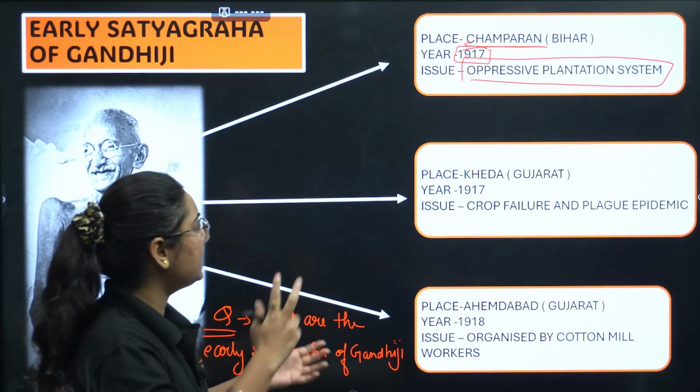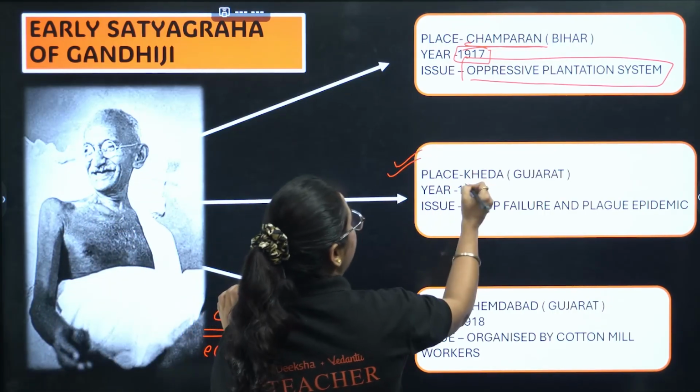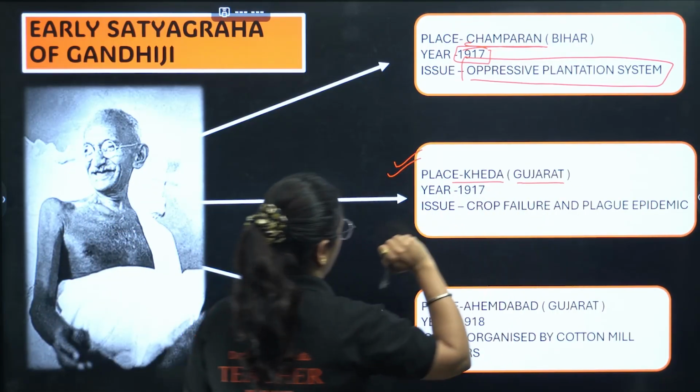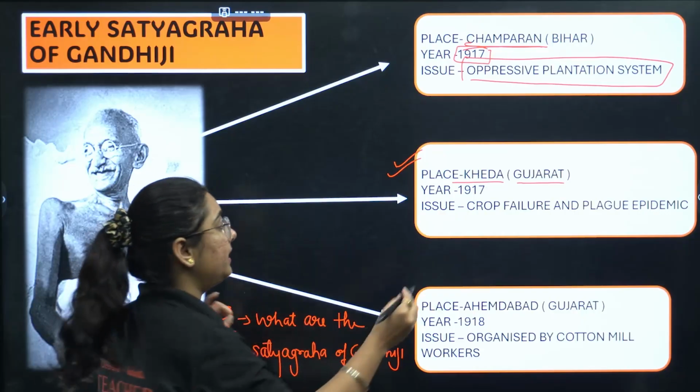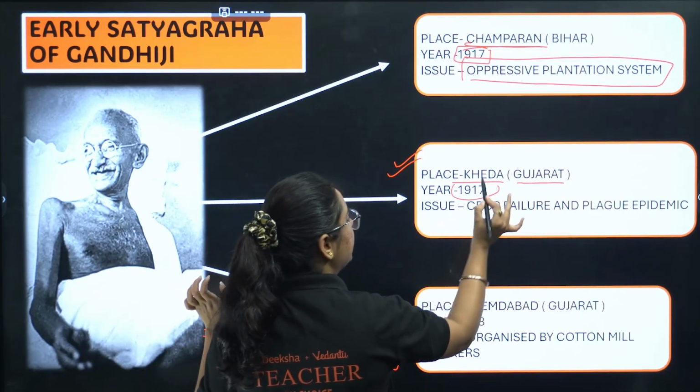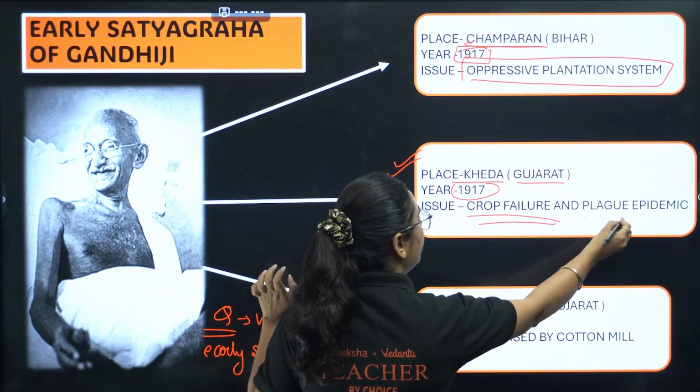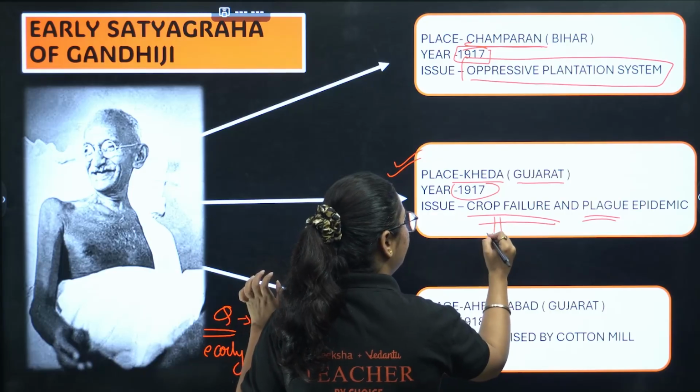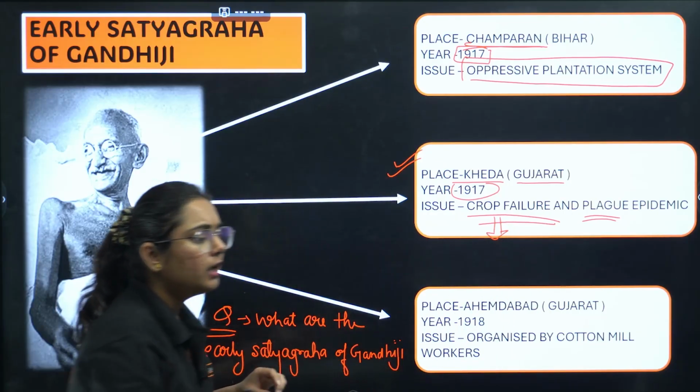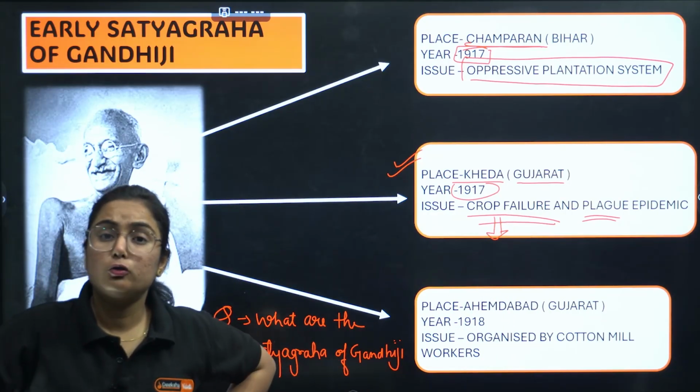Coming to the next one, the Satyagraha held in Kheda, that is Gujarat, in the year 1917 due to crop failure and plague epidemic. Now what happened in Gujarat particularly this year? Crops failed due to drought.